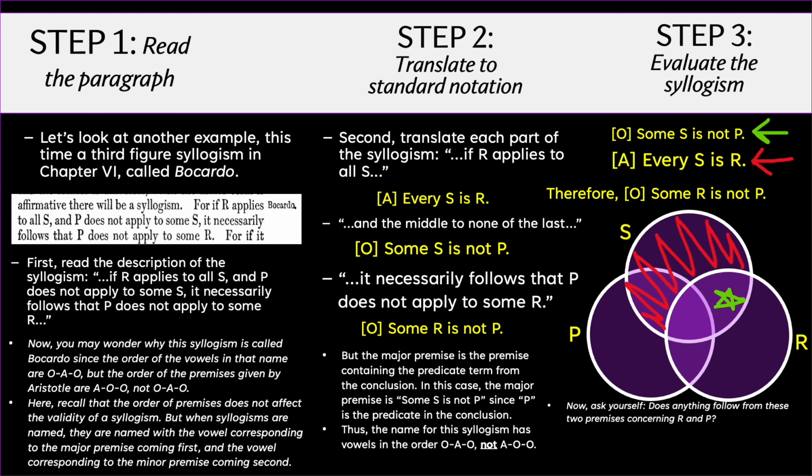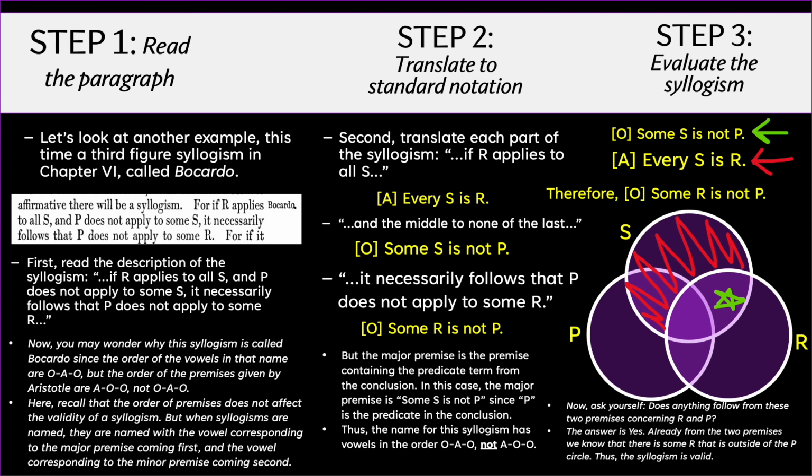Yet these are the ones that will appear in our conclusion, and so to see if a conclusion follows necessarily from our premises, we want to focus on the two terms that have only appeared once so far, namely the minor term and the major term. In this case, they are R and P. So let's see if anything necessarily follows from what we've drawn concerning R and P.